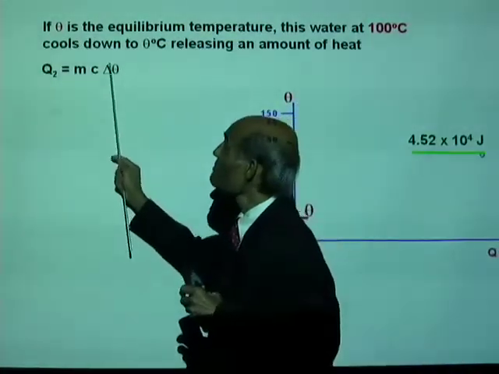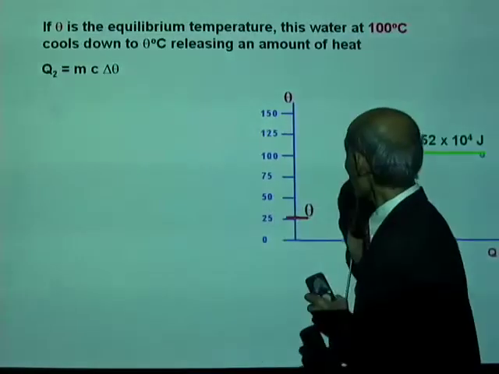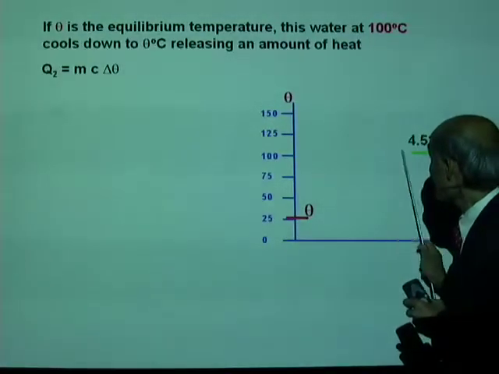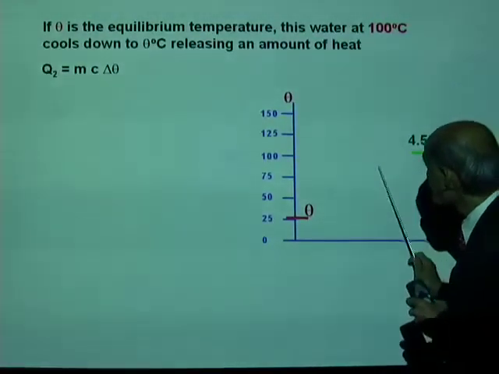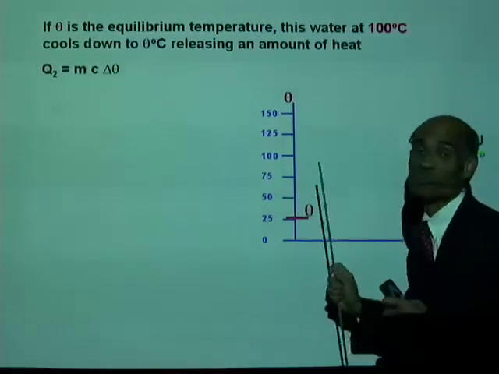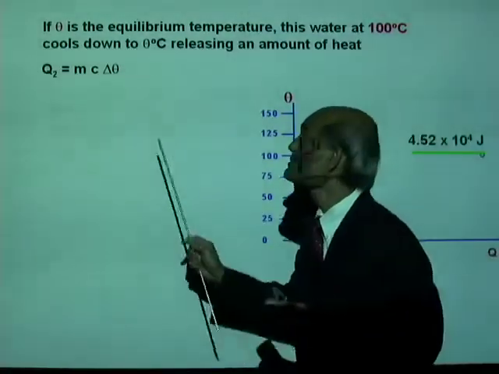What is the change in temperature here? The temperature is changed from 100 degrees Celsius to theta, so that will be 100 minus theta.